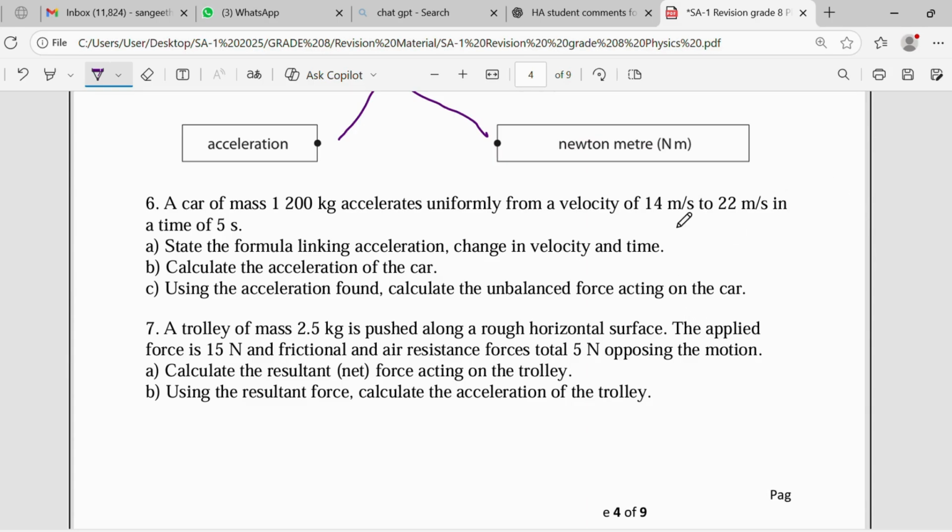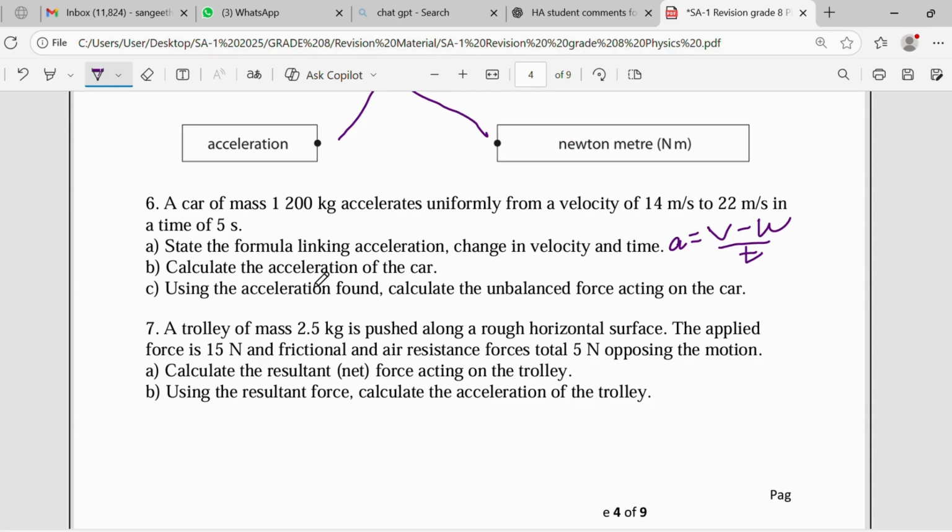So what is the formula here? Acceleration a equal to final velocity minus initial velocity, where v means final velocity and u means initial velocity, divided by time. This is the formula which links acceleration, change in velocity and time.